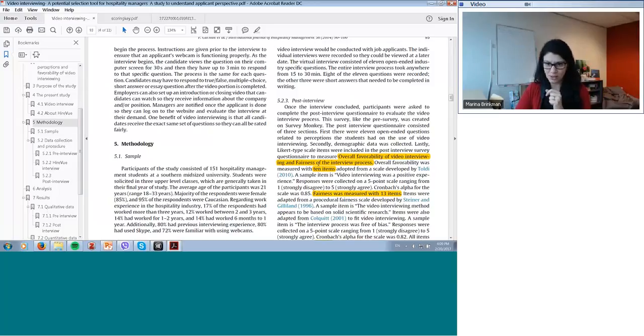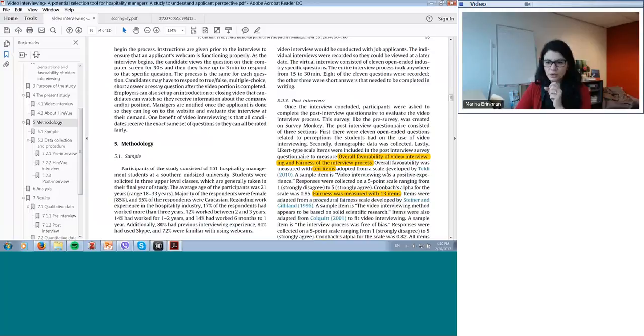The first one is measured by use of 10 items, that means 10 indicators, which I will show you in a minute, adopted from another scale. I'm not opening that original paper now, but my student has done that already.